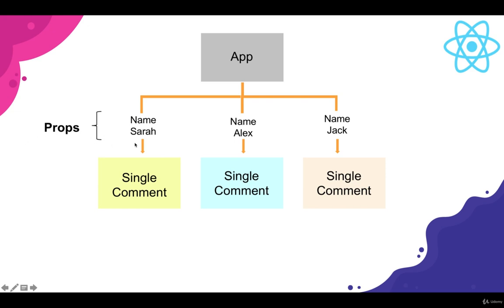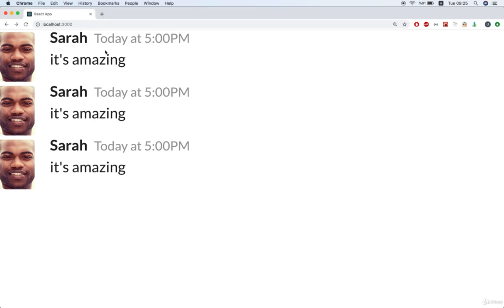And these props are going to tell the single comment to show a name of an author of whatever, Alex or Sarah or Jack. Now, we can also use the same prop system to customize the time, content, and picture that each single comment is showing.